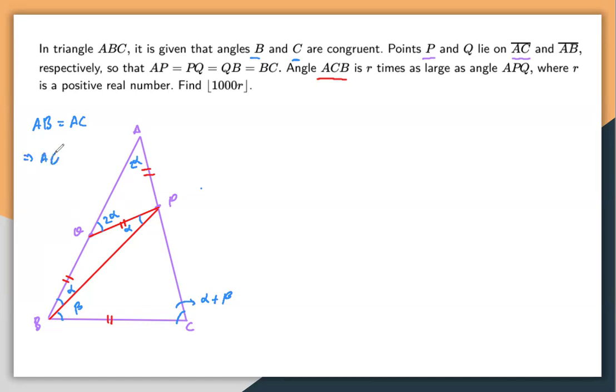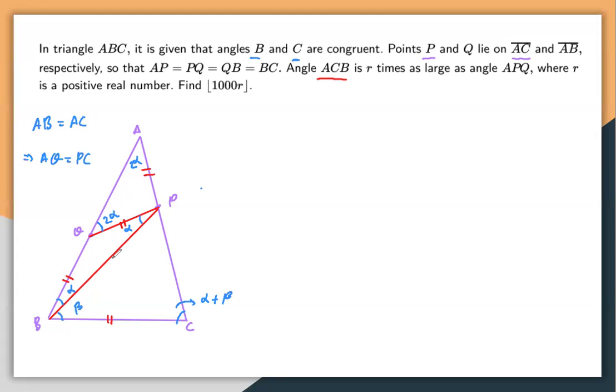So AQ and PC have to be equal to each other. If there's a way to relate these congruent segments to AQ, then we can maybe use the law of sines. But for now, we don't really have much information.